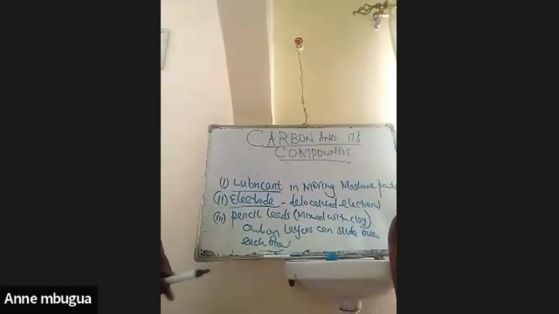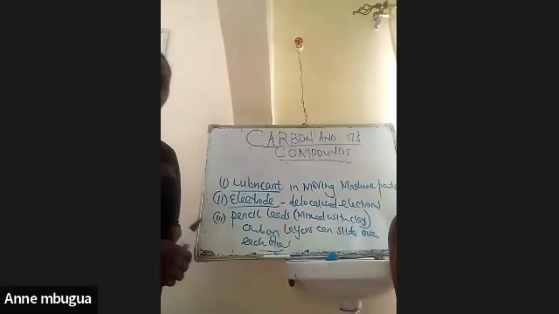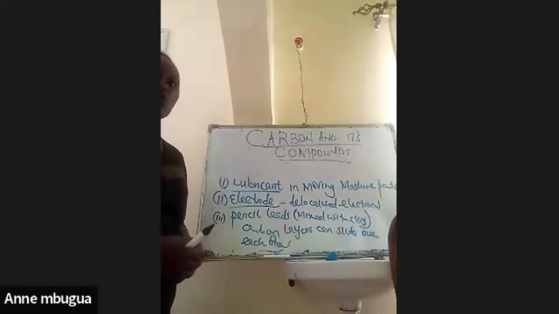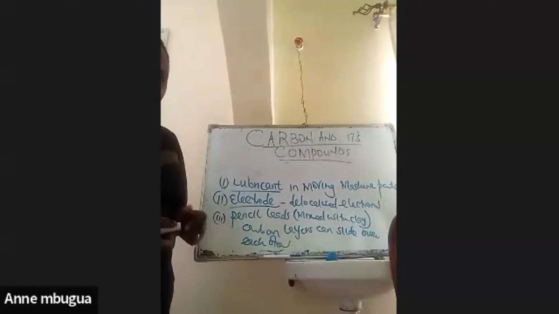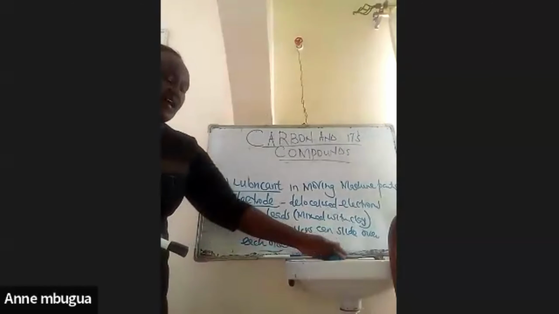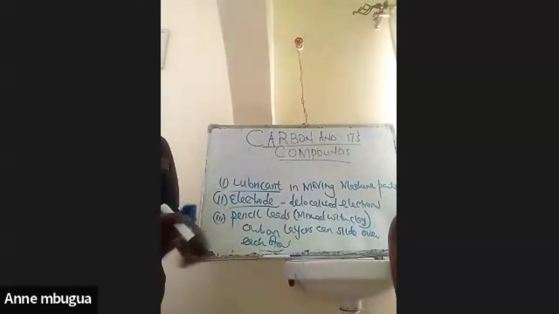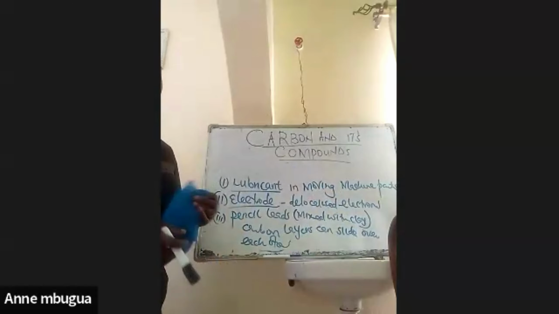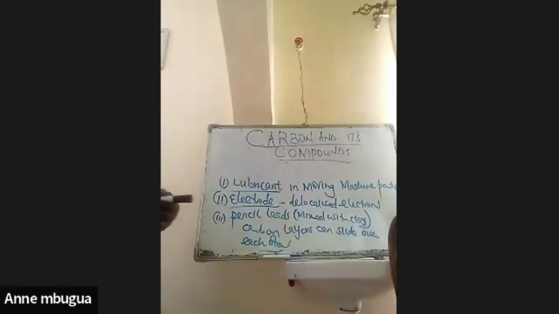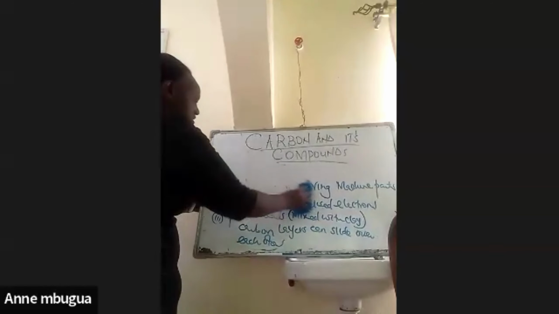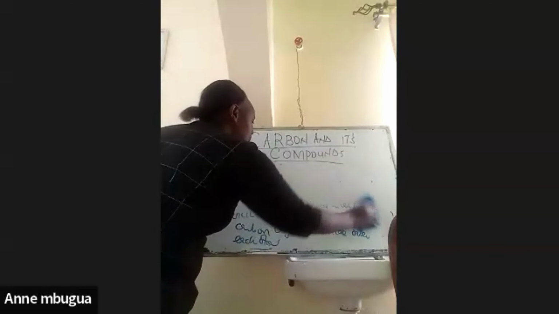And those are the properties and uses of the two pure allotropes of carbon. To conclude, I want us to summarize and compare the physical properties of diamond and those of graphite in the form of a table.